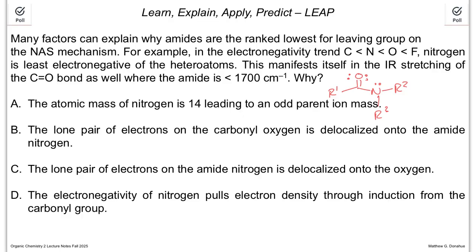Another way to calibrate that is, of all the carbonyl-containing functional groups, the amide is the only one where that stretch is less than 1700. And so can you think of which one of these responses best describes why that is?